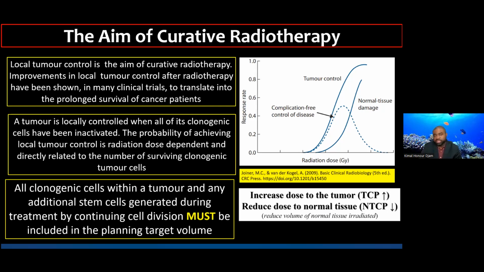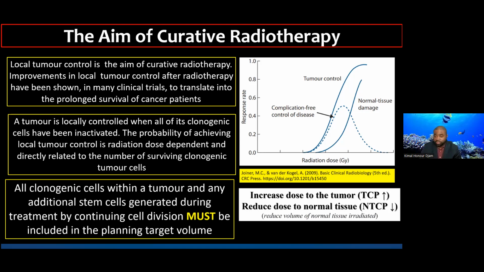The implication of that statement is that local tumor control is conceptually the preferable endpoint for radiation therapy. Now, a tumor is locally controlled when all its clonogenic cells, that is, all the cells that have the capacity to proliferate and cause recurrence after radiation therapy, have been inactivated.